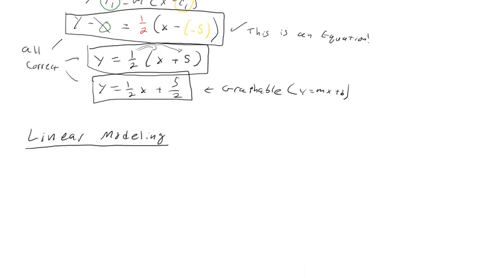So let's say you're Nike, right? And you're looking at your sales for a couple of years. In 2004, let's say you had 12.25 billion in sales.